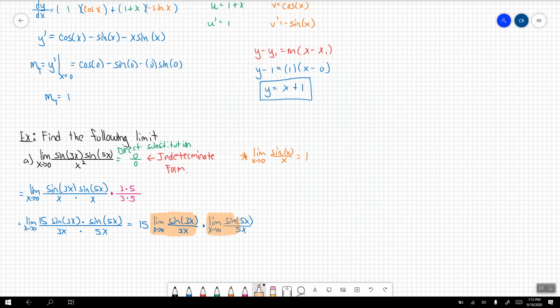The second limit also has that exact same feel. We were able to match the numerator argument with the denominator, which means both of those limits are equal to 1, and we're left with 15 times 1 times 1, which is just 15 as our limit. So check that out. That's actually really cool.